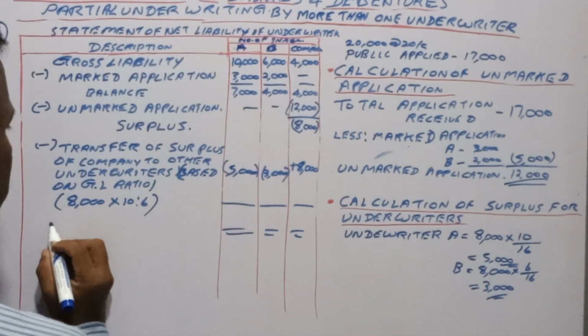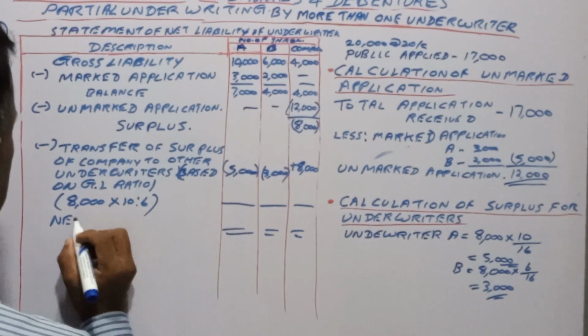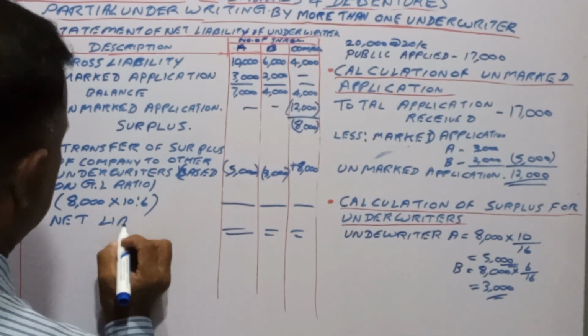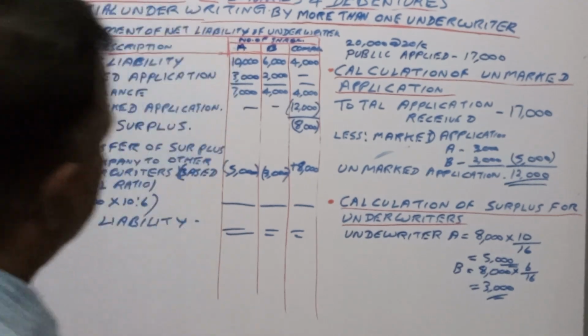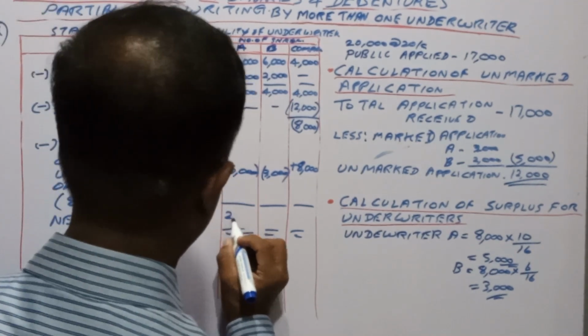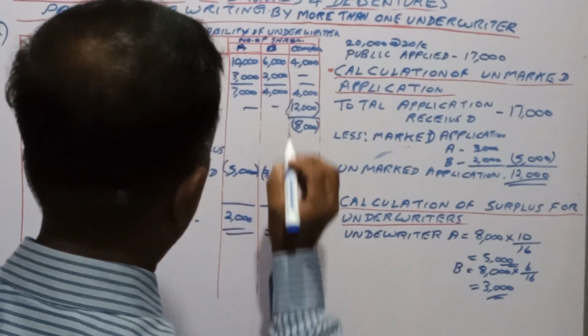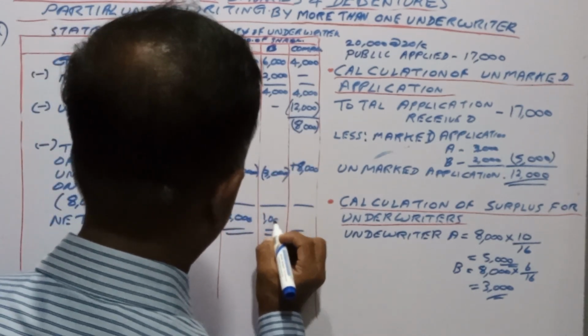Net liability for the underwriters: 7,000 minus 5,000 is 2,000, 4,000 minus 3,000 is 1,000.